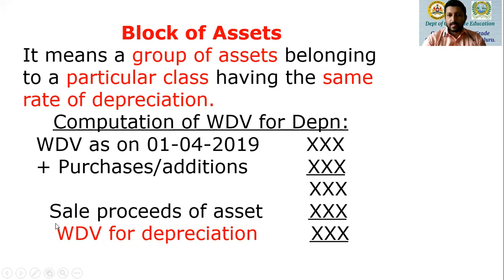Then if there are any sale proceeds, the sale proceeds of the asset will be deducted. Remember, it will be deducted. Whatever value remains over here will be the value on which we are going to calculate depreciation, and that is the written down value for depreciation.